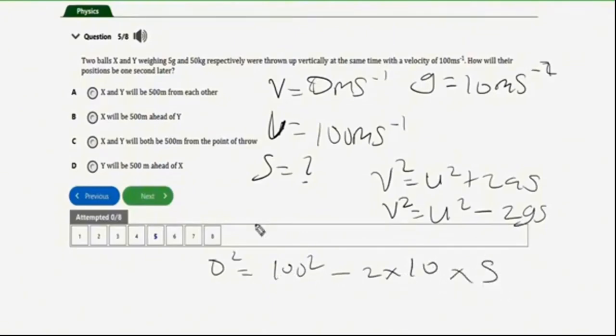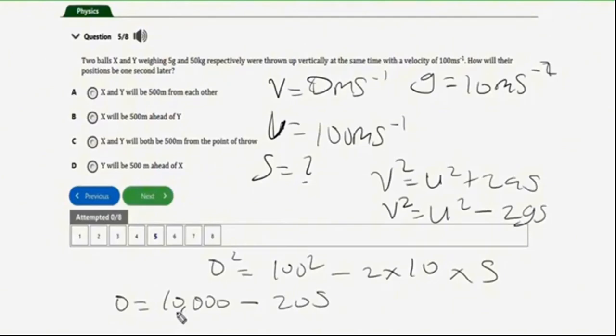We're looking for x basically, so we are left with 0 equals 10,000 minus, now 2 times 10, that's 20x.